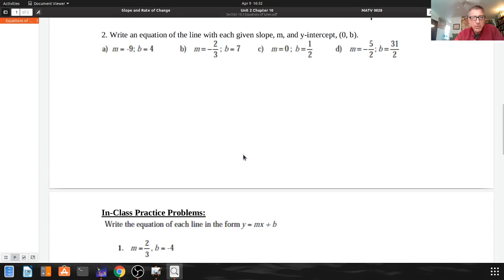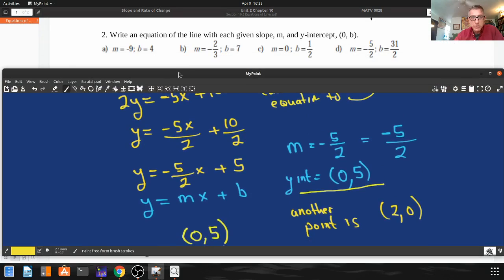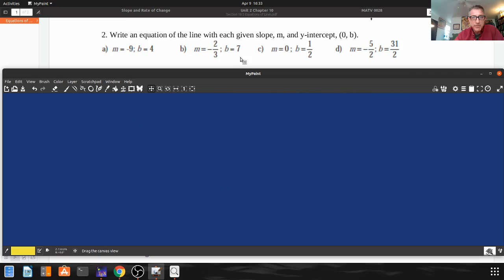The last thing we're going to do, 2a, b, and c, is going to be really, really easy. We're given the m and the b for my y is equal to mx plus b. And notice we're saying write not the equation of the line, because there are many different equations of a line, but write an equation of the line with given slope m and y-intercept. So the equation form that we want to choose here is slope-intercept form.